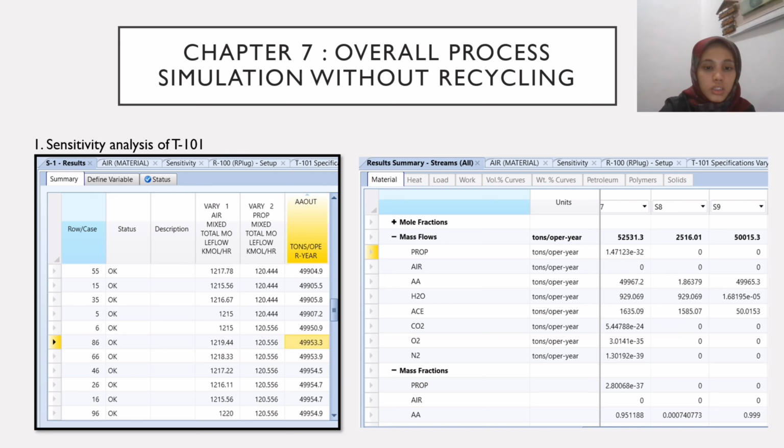Then, by using the sensitivity and design spec function, the desired purity of acrylic acid is achieved as requested, and also the production of acrylic acid is 49,965.3 tons per operation year, which fulfills the production rate required.